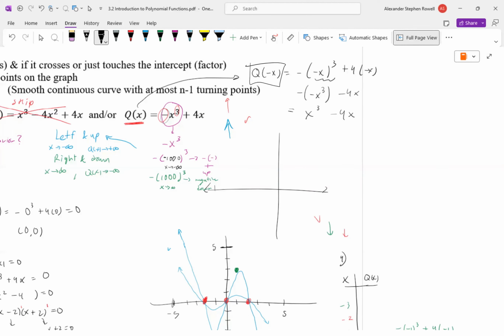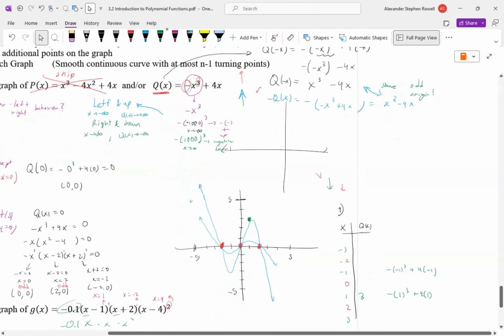So is q of -x equal to -q of x? Negative times negative x cubed plus 4x. If I distribute the negative, I get positive x cubed minus 4x. Hey, these are the same. Which tells me what? It's odd and symmetric about the origin.